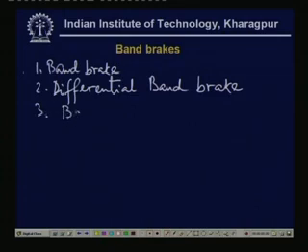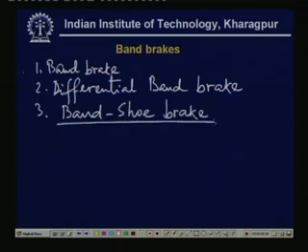So, this is a band shoe break, a combination of two kinds of break.